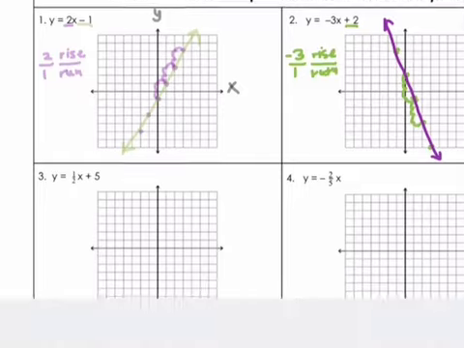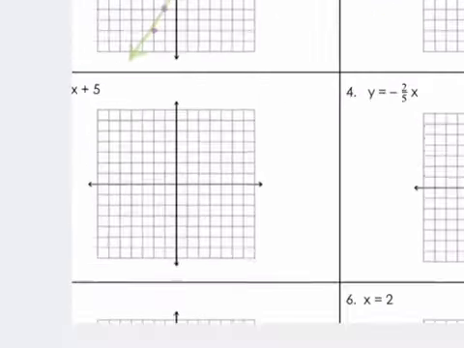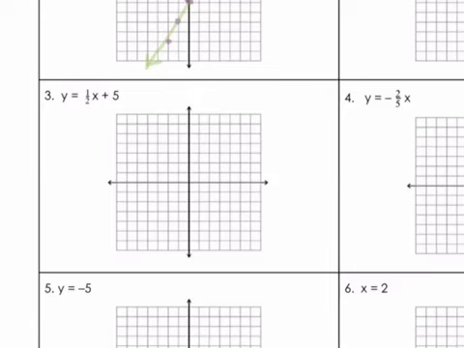All right, number 3, we're going to start at the y-intercept of 5. So we're going to go to +5 on the y-axis, 1, 2, 3, 4, 5. And we're going to use our slope, which is 1 over 2. So that means we're going to rise 1 and go over 2.